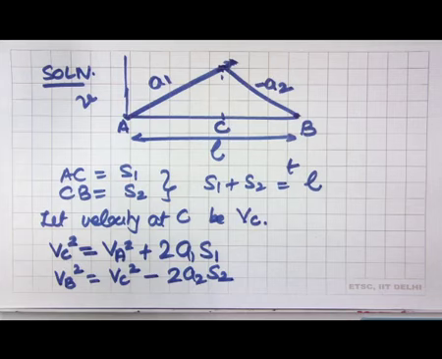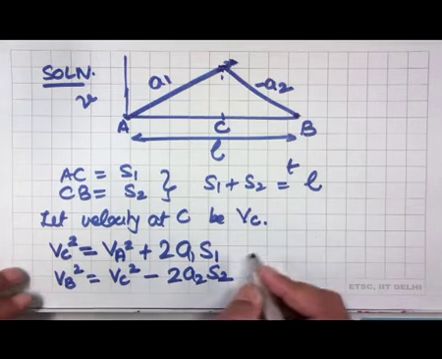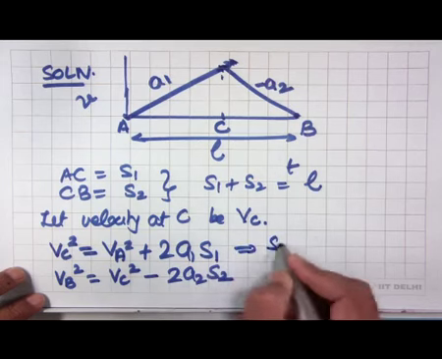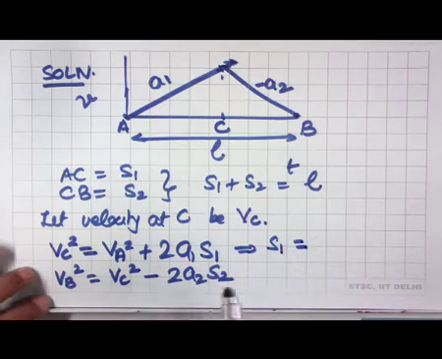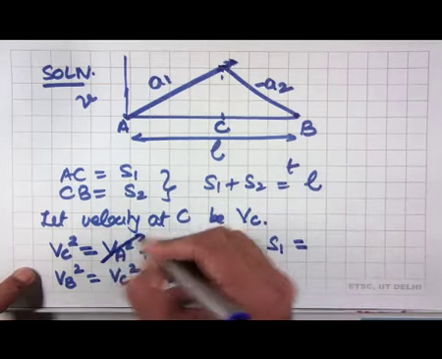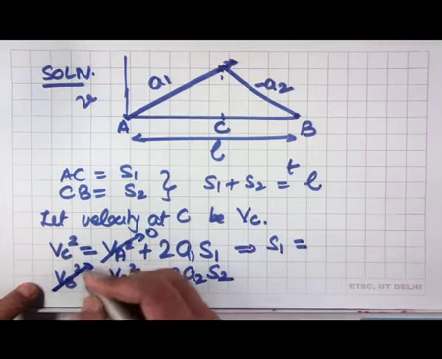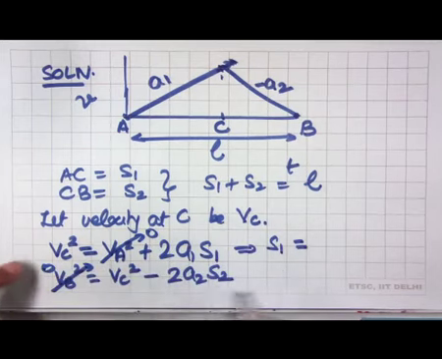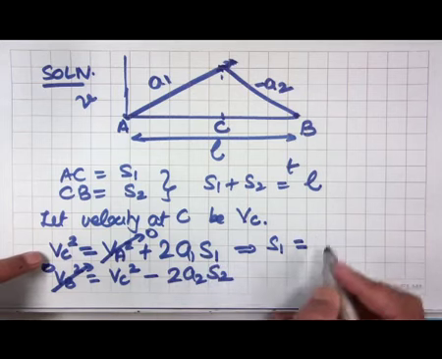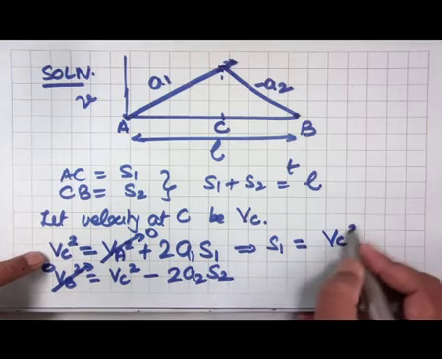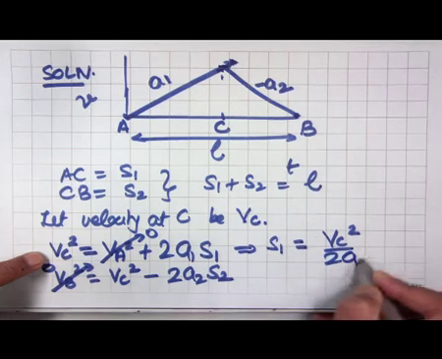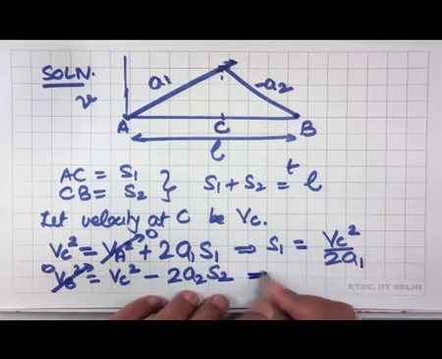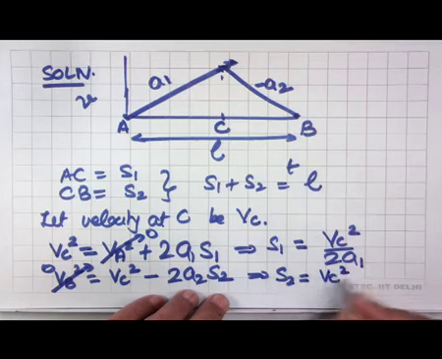Since Va is 0 and Vb is 0, the first equation gives S1 equal to Vc square upon 2 A1, and the second equation gives S2 equal to Vc square upon 2 A2.